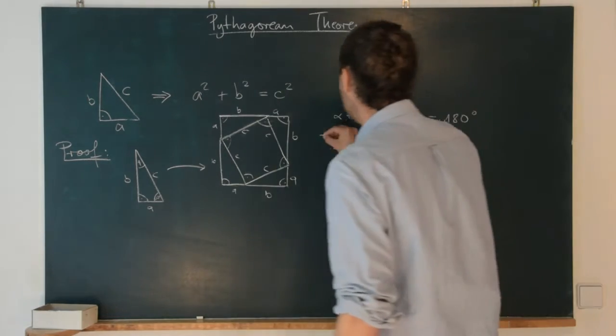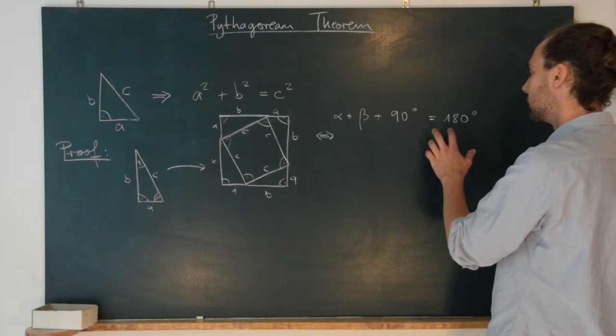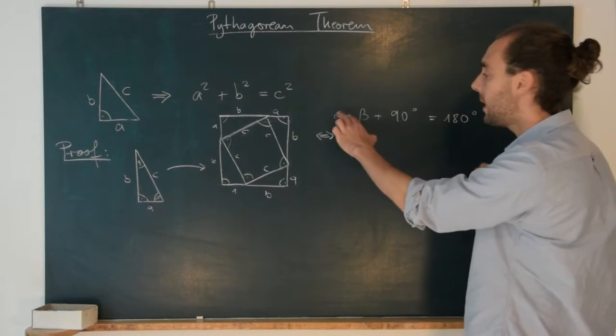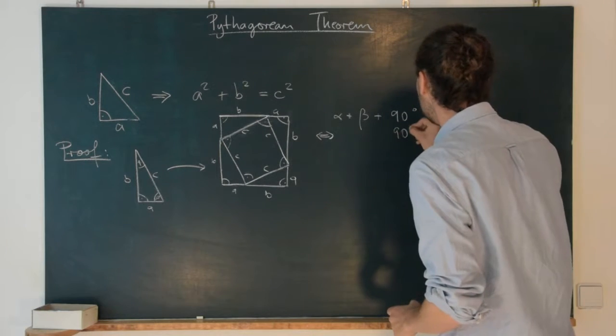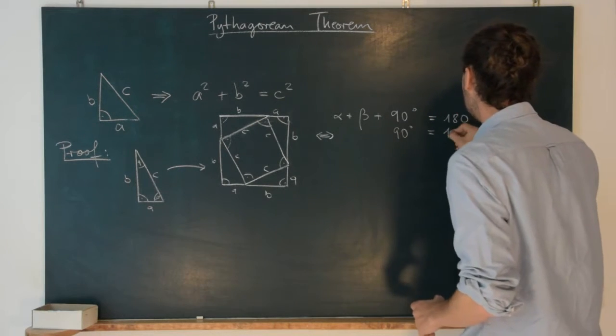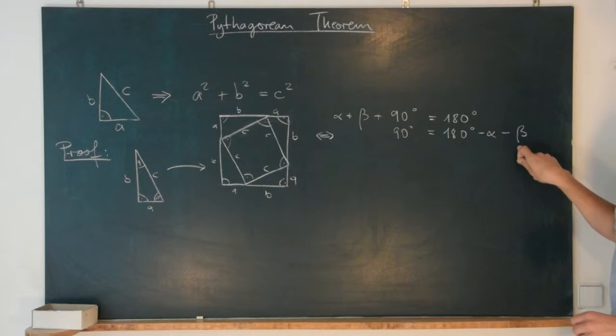Okay, and if you subtract alpha and beta on both sides of this equation, you get 90 degrees is equal to 180 degrees minus alpha minus beta.